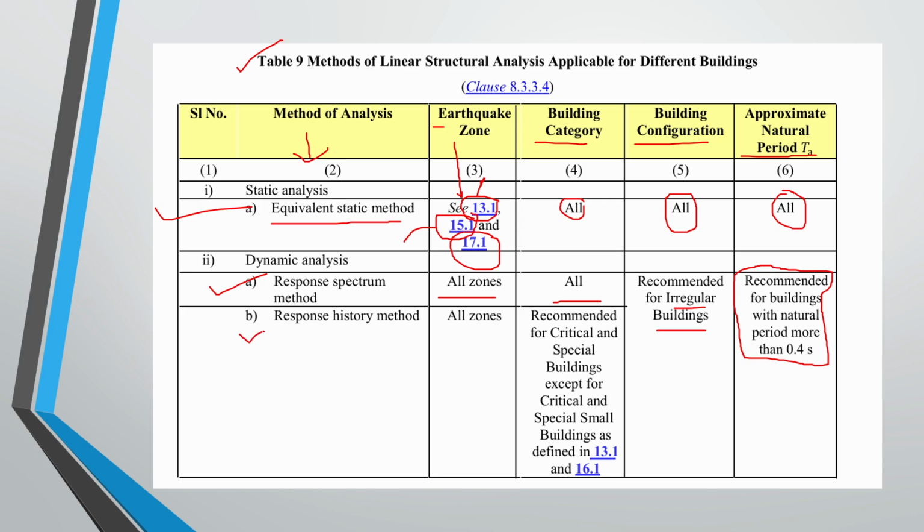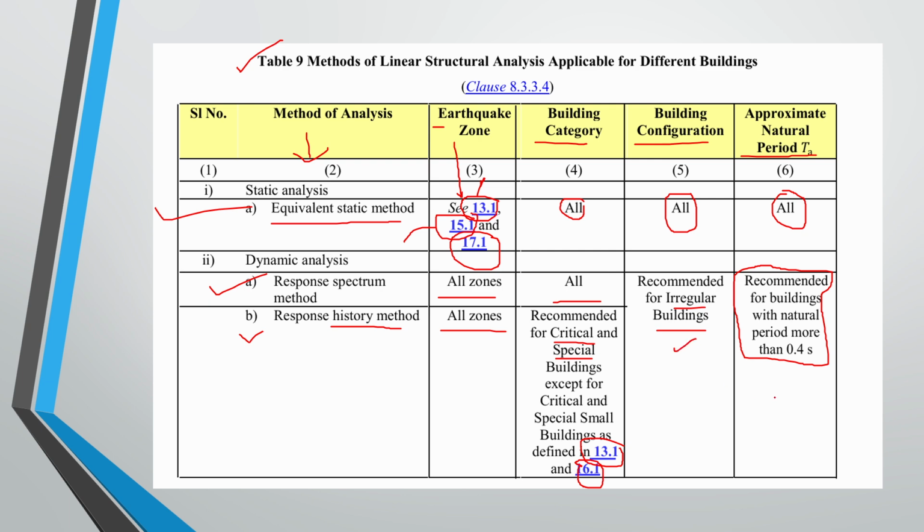And next one is the response history method. In the response history method, again, you can do it for all the zones. It is basically recommended for critical and special buildings, except for critical and special small buildings as defined in 13.1 and 16.1. We have just seen 13.1. Similarly, the clause is given in 16.1.